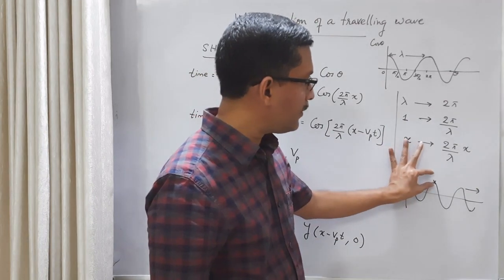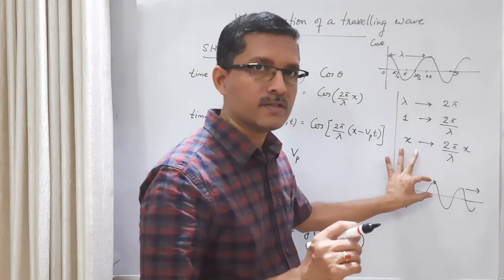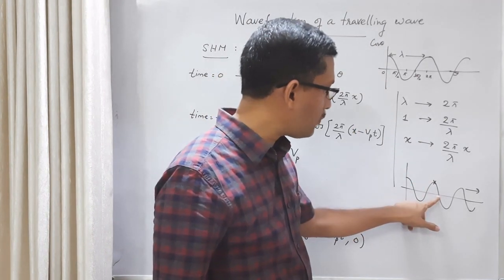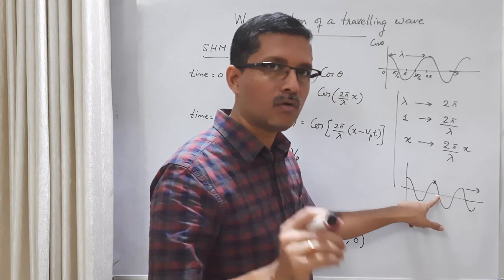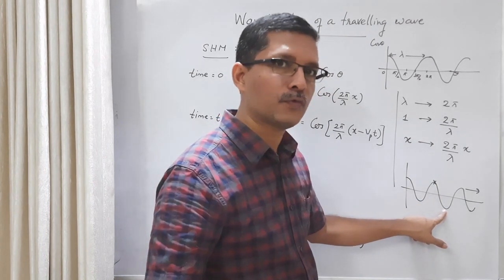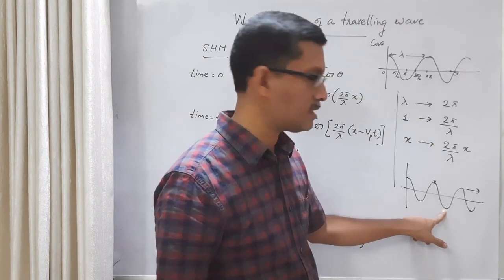This is a point of constant phase. Always it is at the maximum amplitude. This point always has zero amplitude. This point has an amplitude in the opposite sense. It's a trough, a maximum amplitude in the opposite sense.